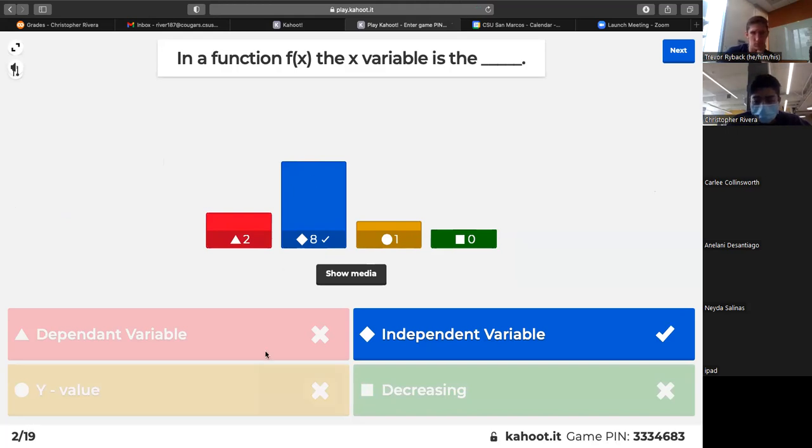Perfect. It seems that the majority of you got it right. I'm just going to give a verbal explanation on this one. For the function f of x, the x variable is a variable along the x-axis. And typically the x-axis is your independent variable.